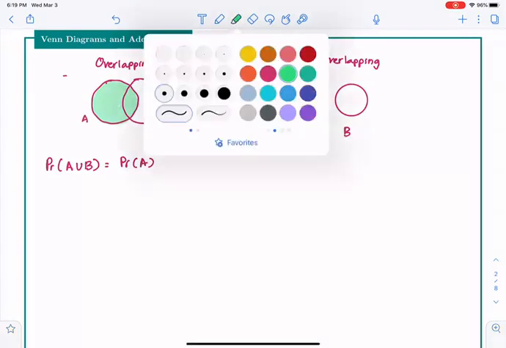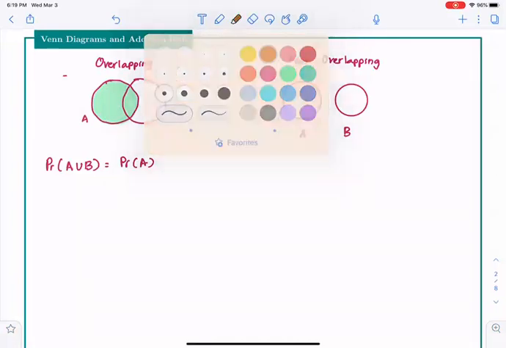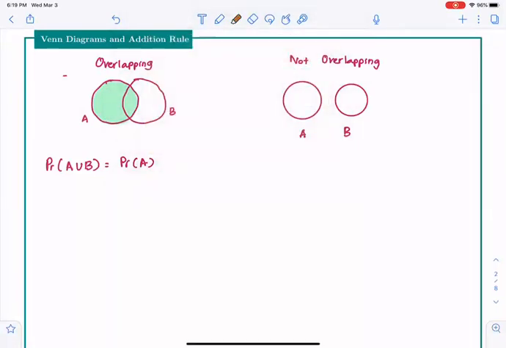Now we have to select for event B. So I'm going to shade everything corresponding to event B. All elements that correspond to event B, divided by the total, give me the probability of event B. As you might have noticed, that part has an overlap of both colors.